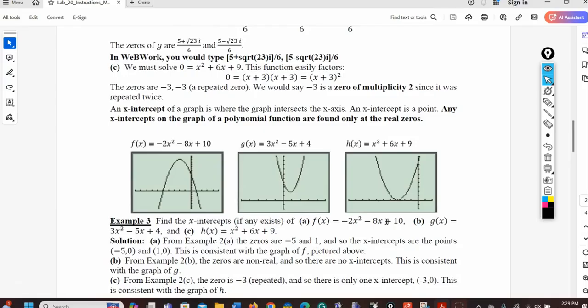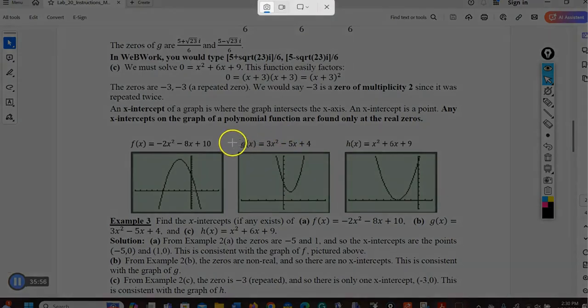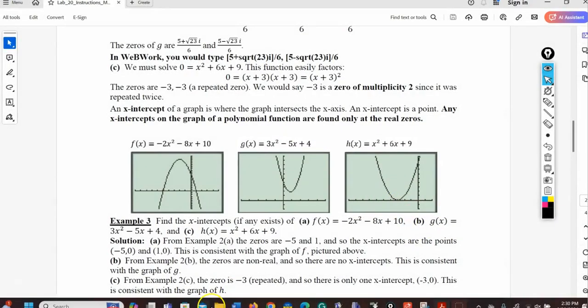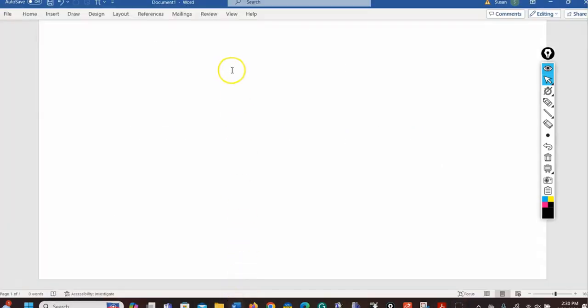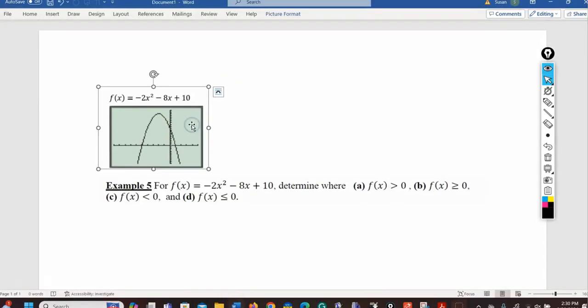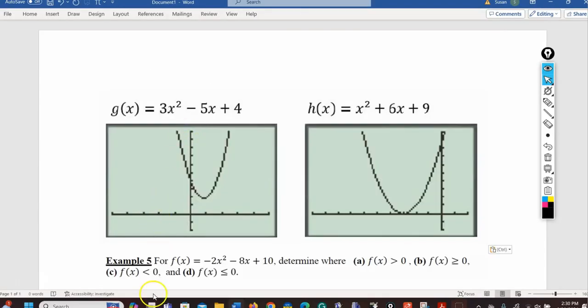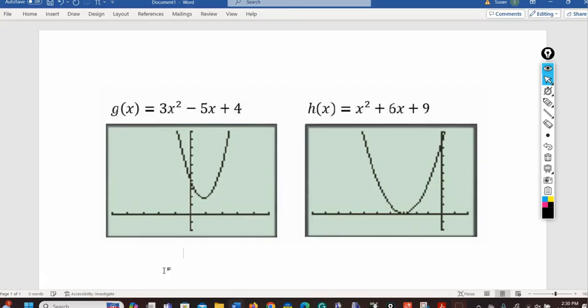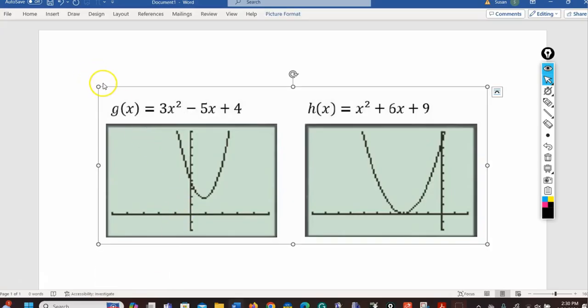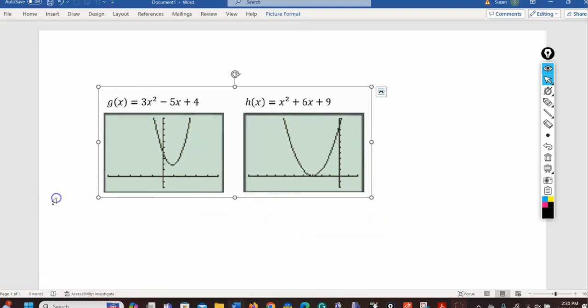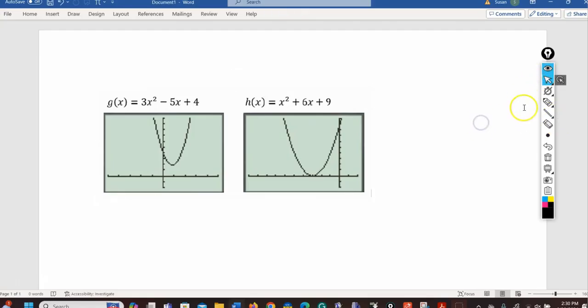Let me go up here and copy this. And let's make it a little bit smaller.